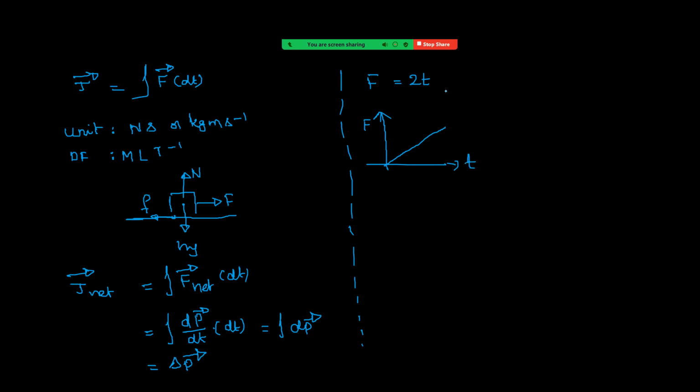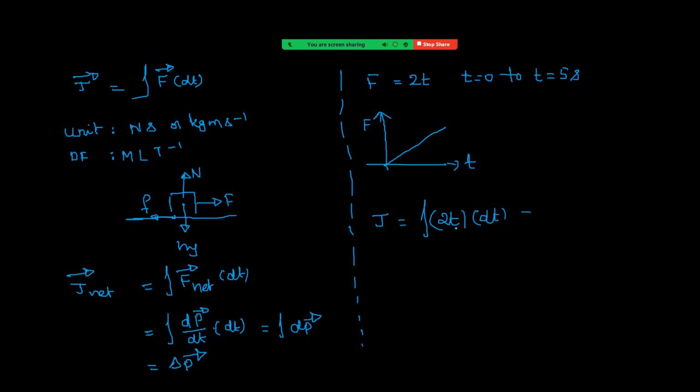Let us say we want to calculate now the impulse by this force in the time interval t equal to 0 to t equal to 5 seconds. Then see what we get. One way is directly taking integration, that is integral 2t dt.